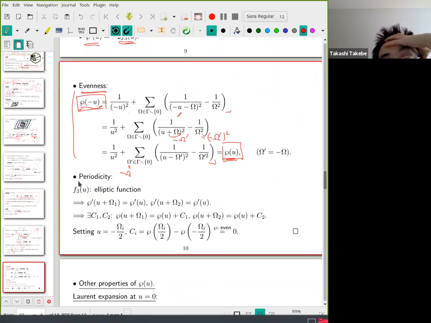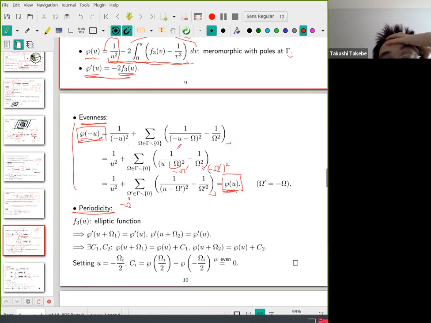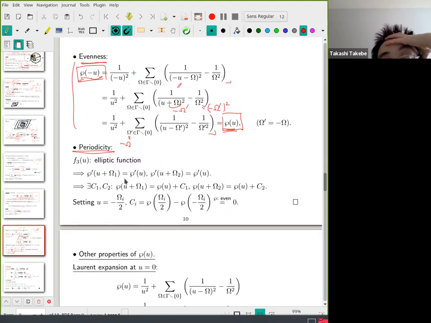And lastly, we prove the periodicity. First, because P prime is essentially F3, we know that it is a periodic function, which means that P of u plus omega 1 and P of u plus omega 2 are equal to P of u up to a constant. Let's prove that they are 0. How to do that?